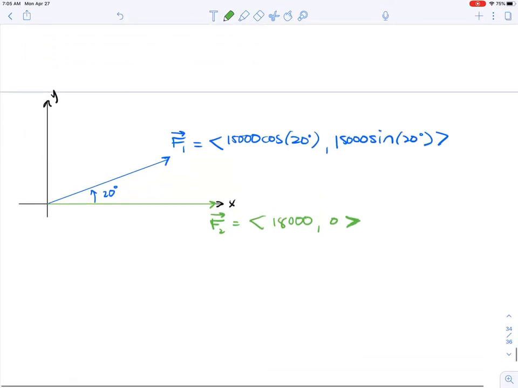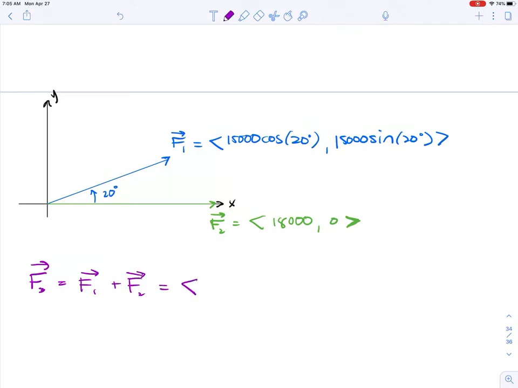It would be 18,000, comma 0. Okay, so we want to find the resultant force. I'm going to call the resultant force F3. So F3 is going to be F1 plus F2.